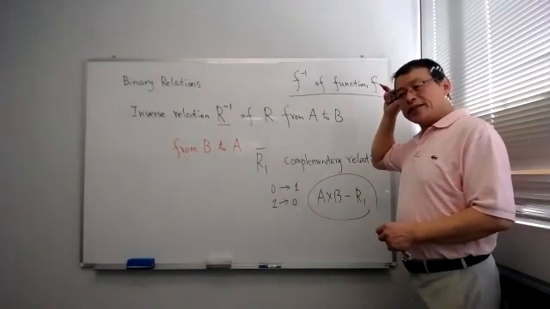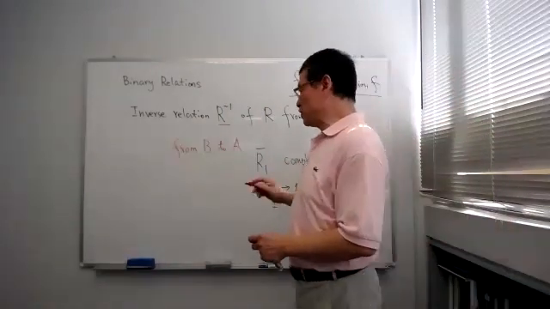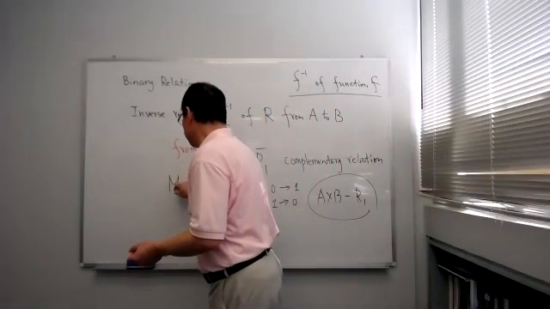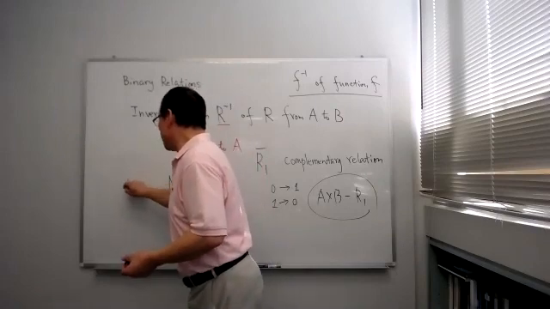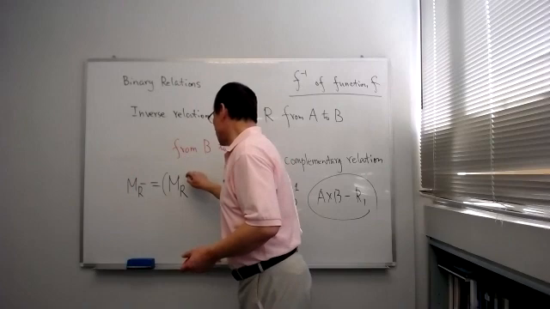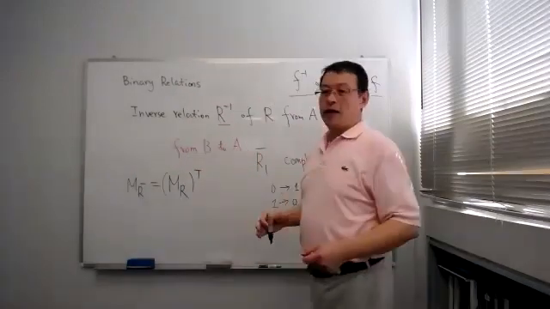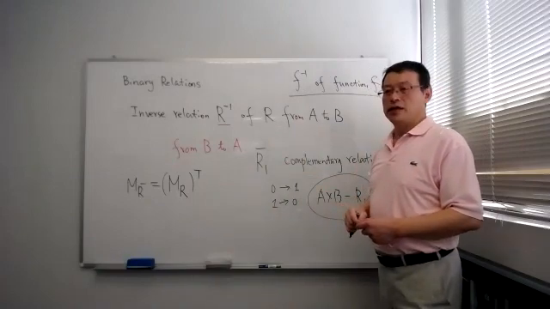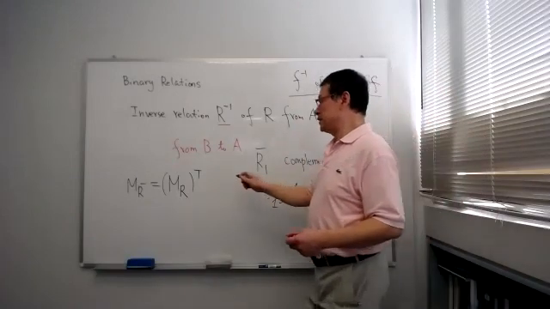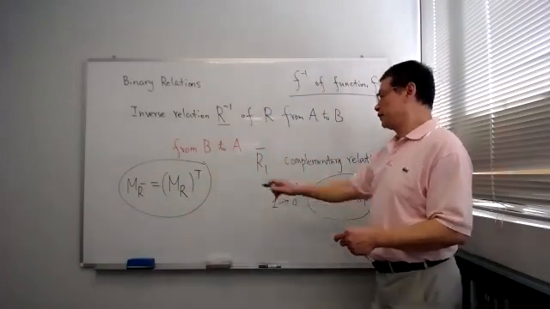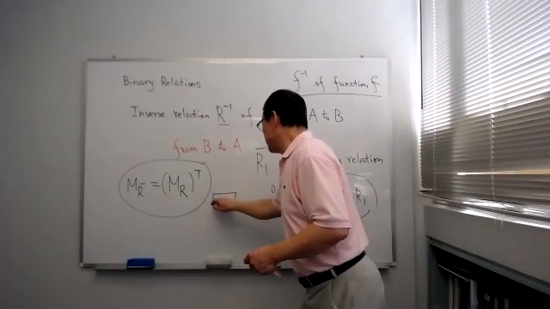And the inverse matrix is just the transposition. So if we have MR here, the matrix of the inverse equals the transposition of this matrix. Rows become columns and columns become rows. So the matrix will look like this.